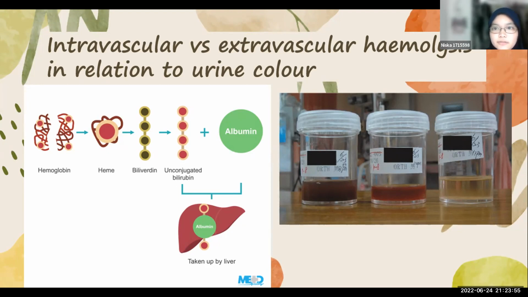For extravascular hemolysis, there will be an increase in phagocytosis of the red blood cells in the reticuloendothelial system, like the liver, spleen, and also lung. Why does this happen?